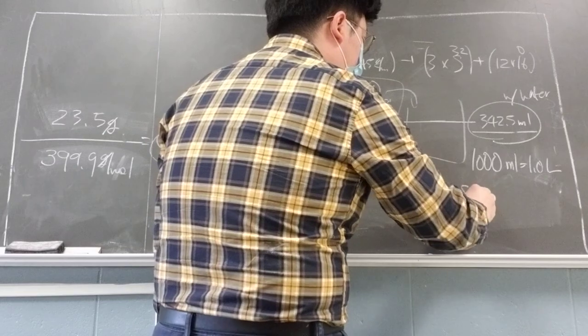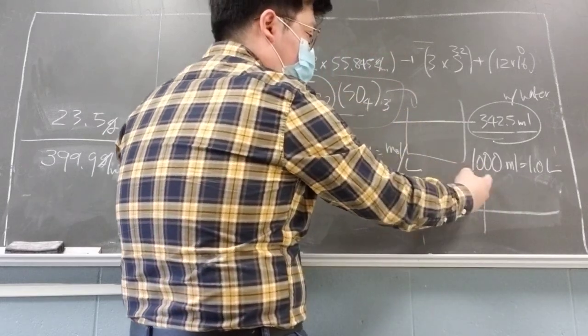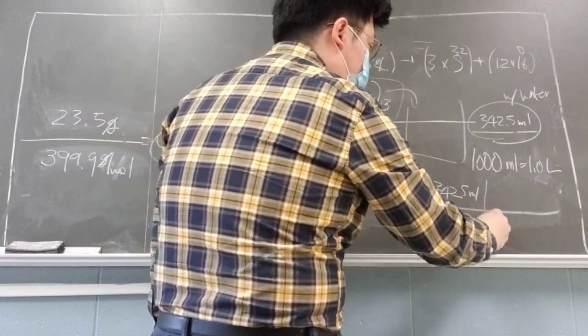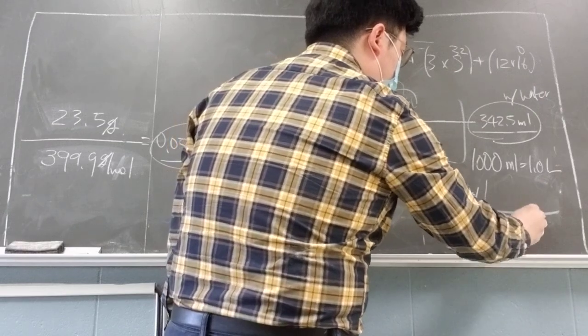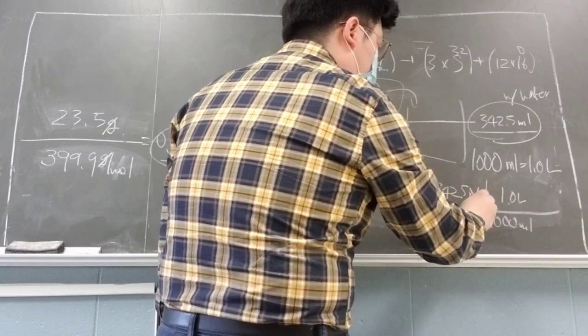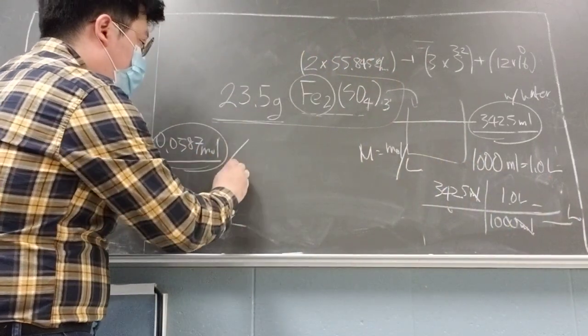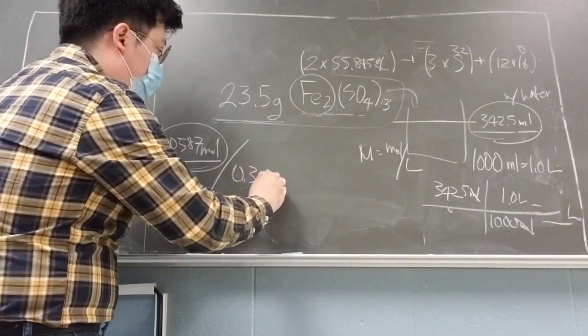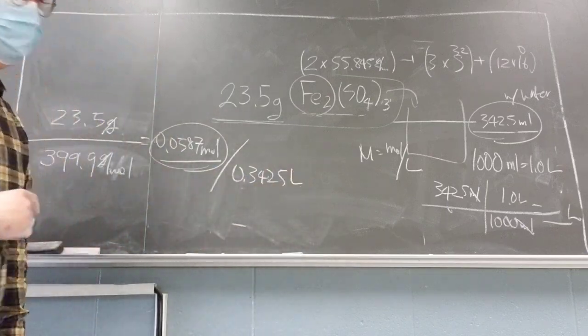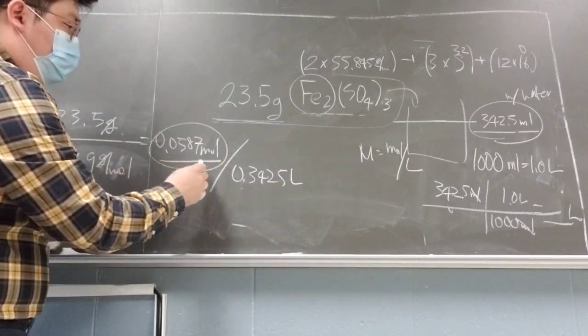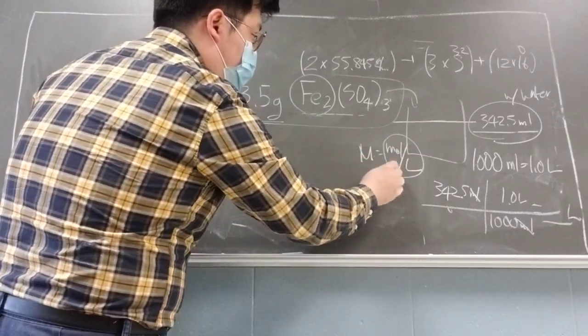342.5 milliliter. Okay. I'm gonna put the same unit at the top and bottom, so it'll be 1 liter on the top over 1,000 milliliters, so they can be canceled. So you can get a number in liter, which will be 0.3425 liter. Okay. So here's the thing. This one has to be moles per liter.